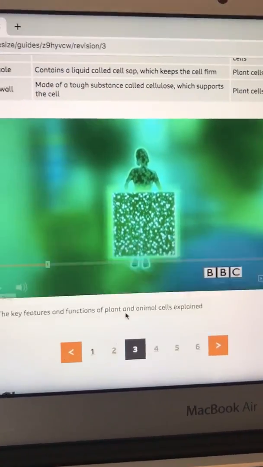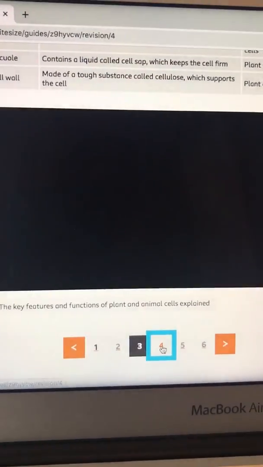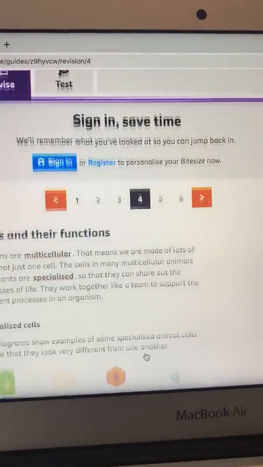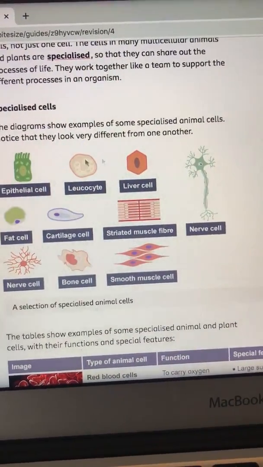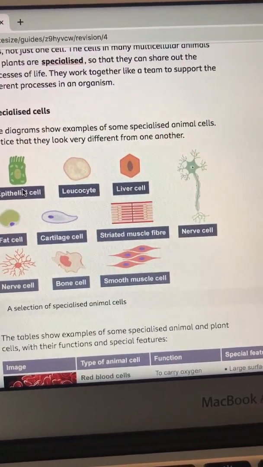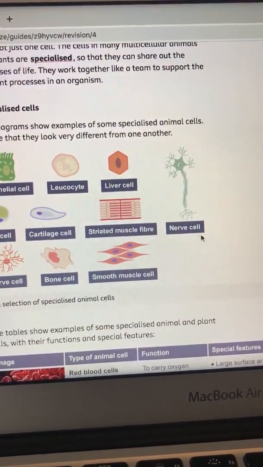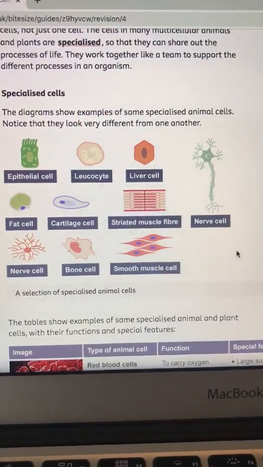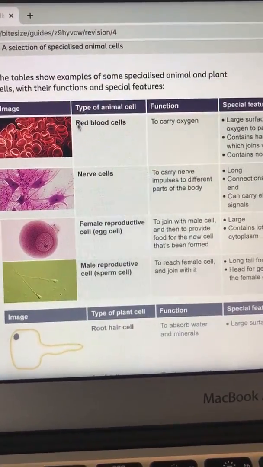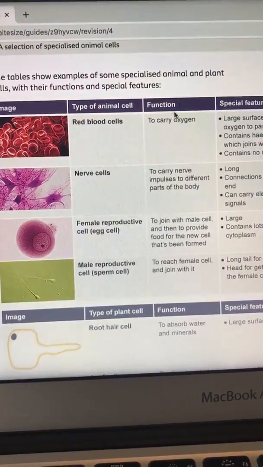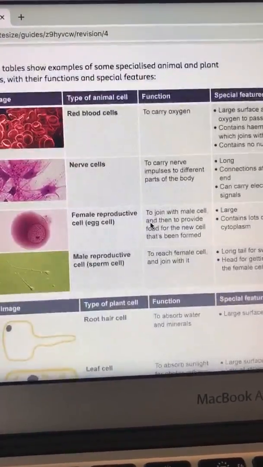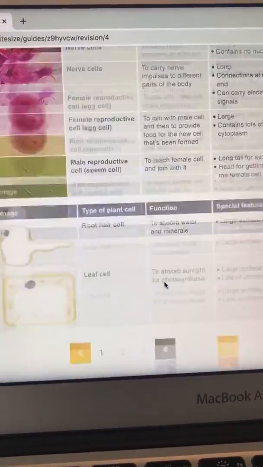Okay, so you can watch that one, and then if you go through this, you have specialized cells, which means all different types of cells which are adapted to do one function. Okay, all right, and the type of animal cell, plant cell, and the function are listed here. Okay, special features.